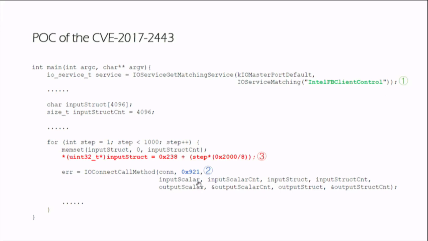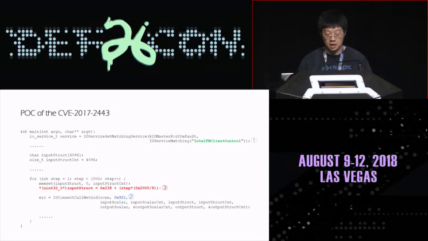The input selector is 291 in hex format, and then the only thing we need to do is fill the input buffer with random garbage data. It's number 3 in red color. So I think for the security research community, each of us will think about how to start a new round of kernel code auditing from here.